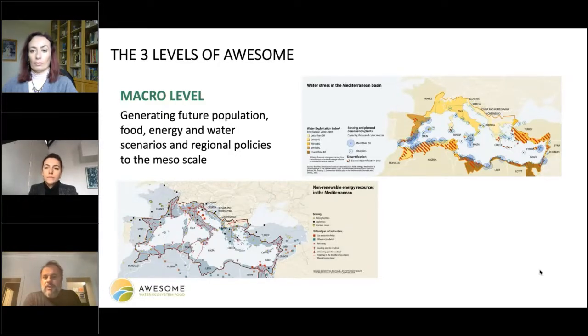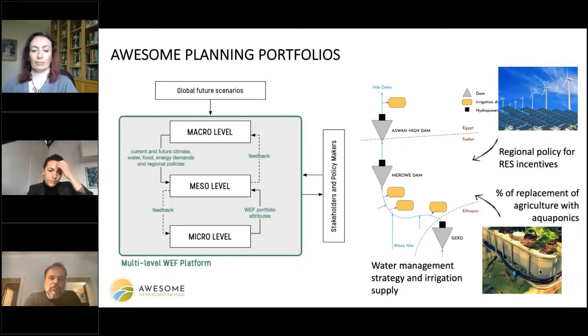So Ruslana today has kindly accepted the invitation to give us an overview of the models, the macro level scale, which is a computable general equilibrium model. And so I guess that's enough as an introductory speech. So maybe we can give the floor to Ruslana to get more information about this.